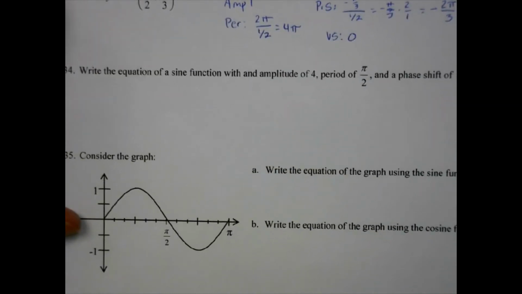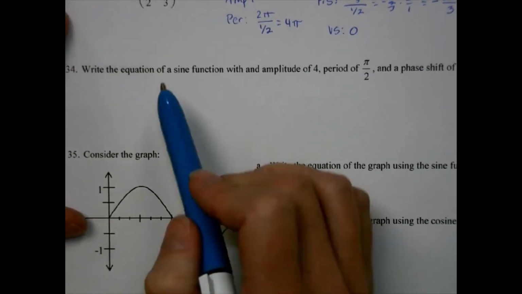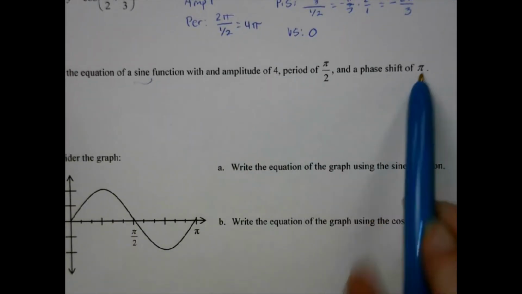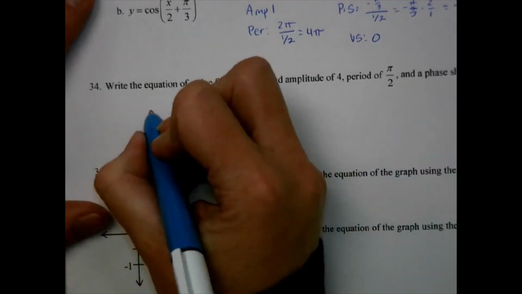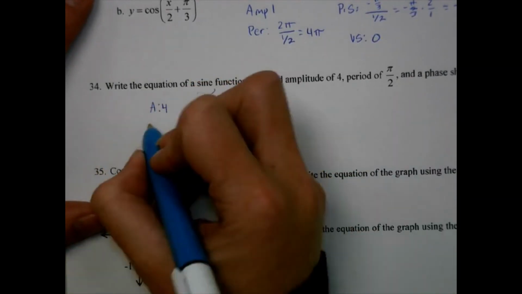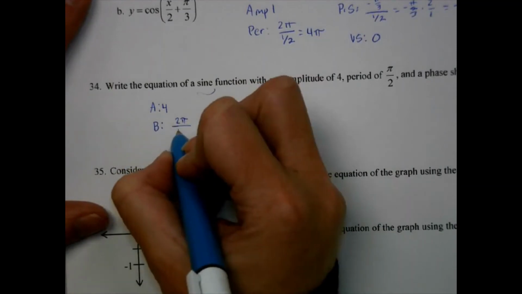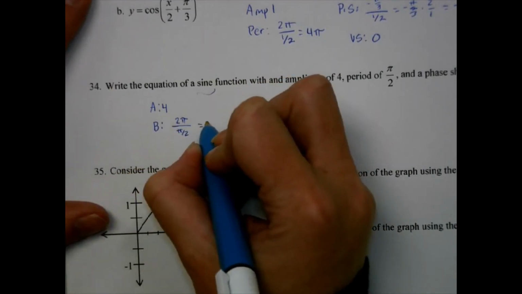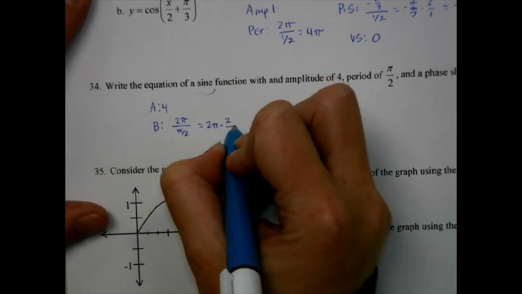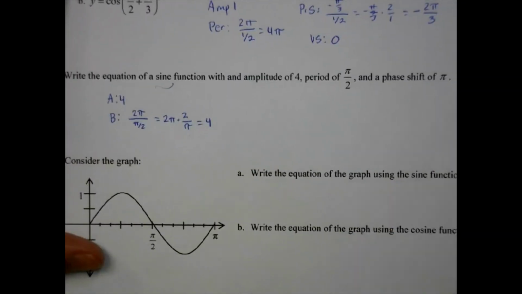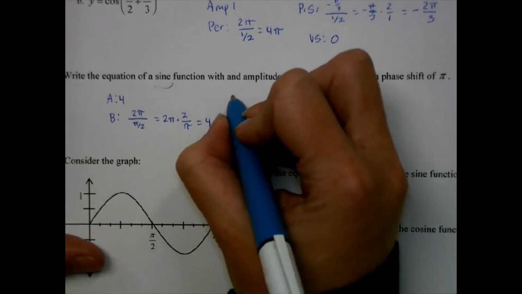Okay, now we're going to write an equation. We're going backwards. Sine function, amplitude of 4, period of pi over 2, and a phase shift of pi. So my A is going to be 4. My B is going to be 2 pi divided by pi over 2. So that's going to be 4. And then a phase shift of pi.